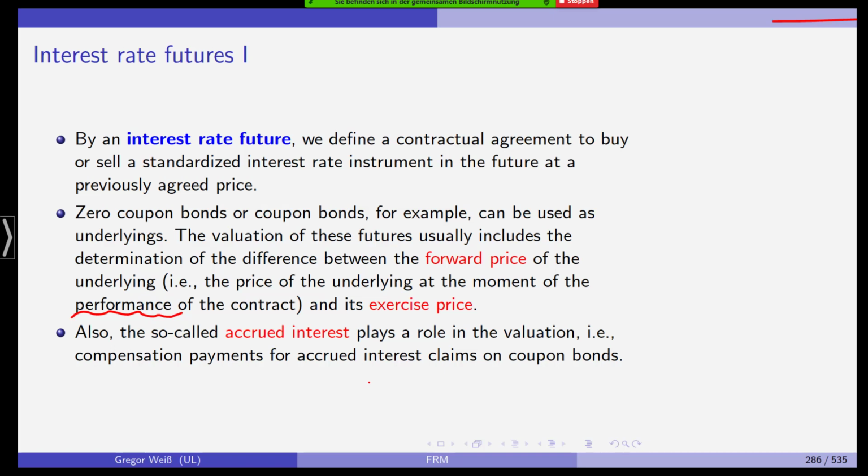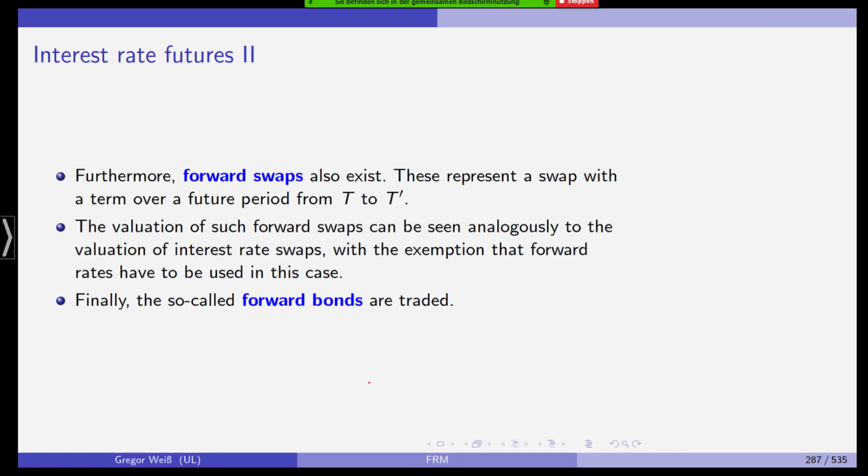If you buy the bond on March 8th, this would mean that you have only owned the bond for 1 day, but you would get the full coupon payment. So the accrued interest needs to be reflected in prices, because you don't want to profit too much, or you don't want someone else to profit from the coupon payment if you were the one who owned the coupon bond for most of the year. So that's accrued interest, in German called the Stückzinsen, and also clean prices and dirty prices.